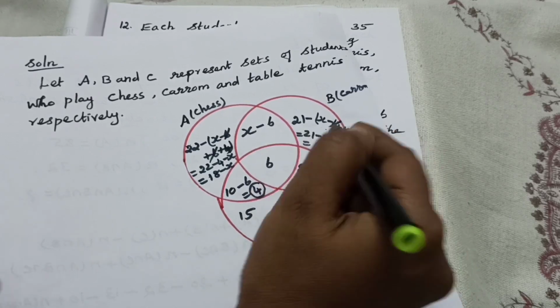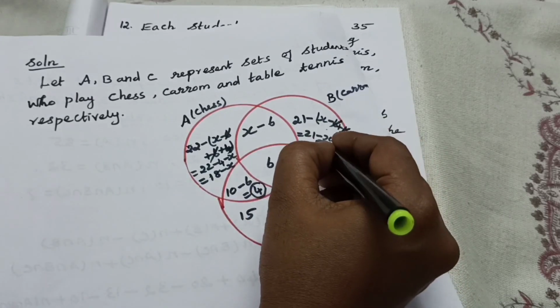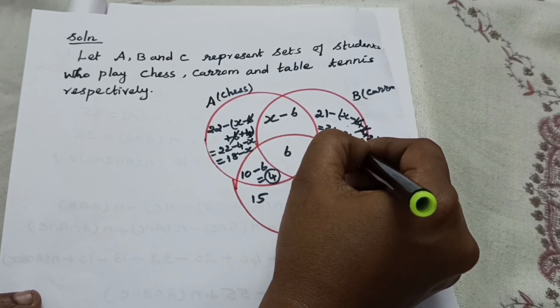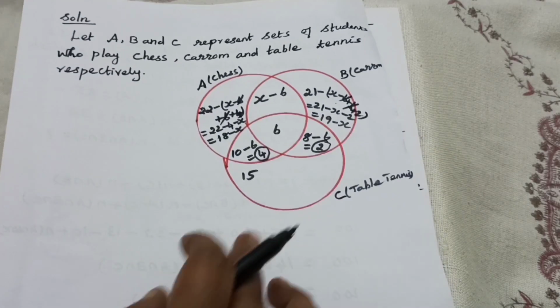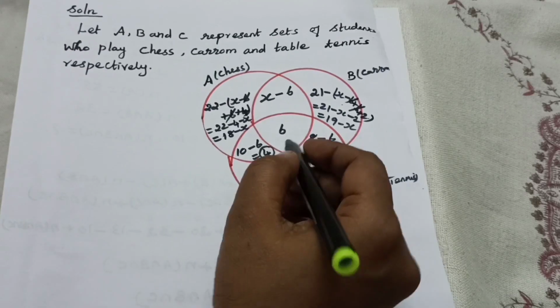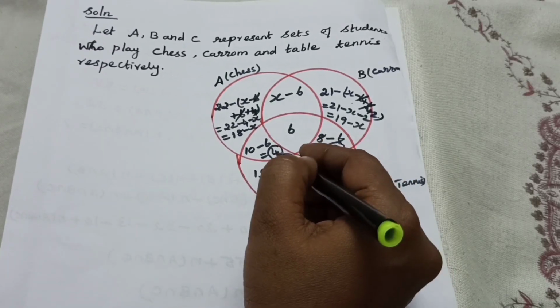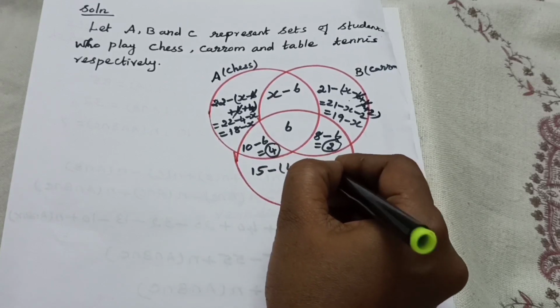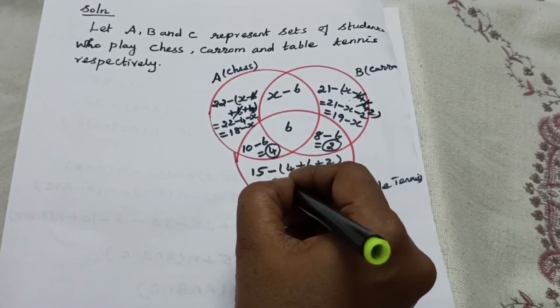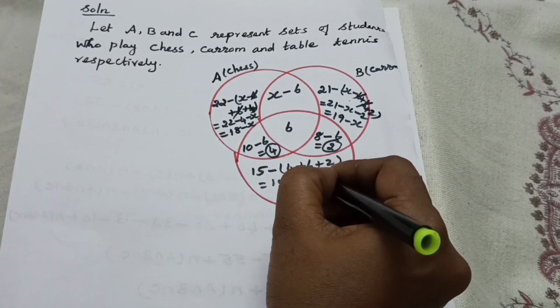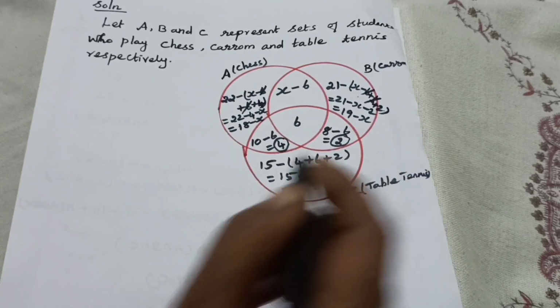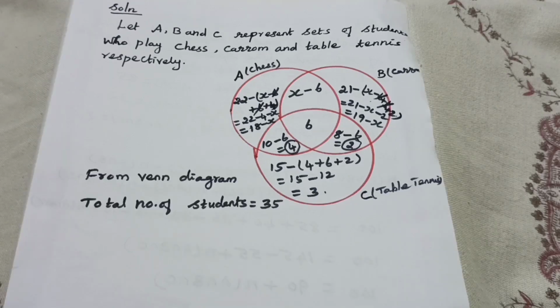Then 21 minus 2 is 19. 19 minus X. Okay, like that. And this one also we have to find. 15 minus of 4 plus 6 plus 2, then equal to 15 minus 12. 15 minus 12 is 3. Okay. Then only table tennis is 3.